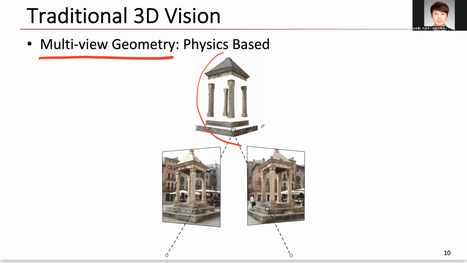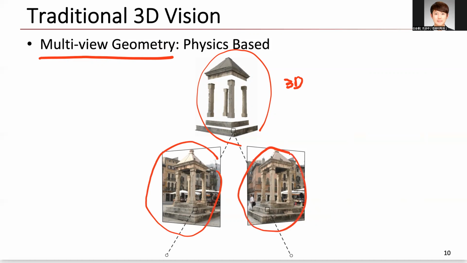Given a 3D scene, in traditional 3D computer vision we required multiple images taken from different viewpoints, and by using multi-view geometry, in a manner that different view images see different perspectives of the same scene, traditional 3D computer vision developed algorithms to find the correspondence field or to find out 3D from these kinds of multiple images. So this is traditional 3D computer vision.